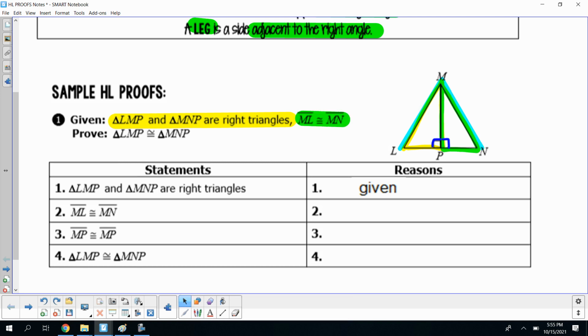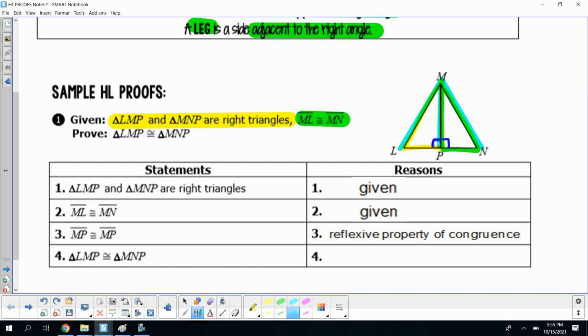You look up there, we see that that is also given. Then we have the statement that MP is congruent to MP. The reason for that is the reflexive property of congruence. It is the same line.